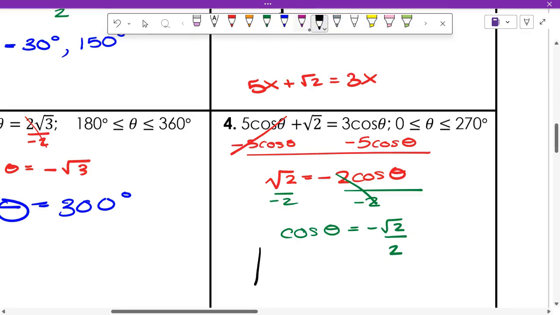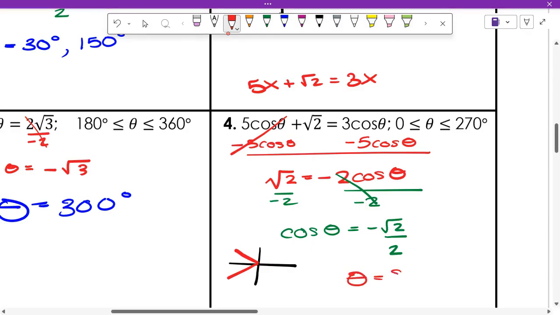If I'm looking at what my unit circle would have, it's got to be between 0 and 270 degrees. It's cosine, which is my x value. So my x value is going to be negative. And that happens in quadrants 2 and 3. So I'm going to have one over here and one over here. And remember, I said it's on my 45s. So over here, that's going to be 135 degrees.